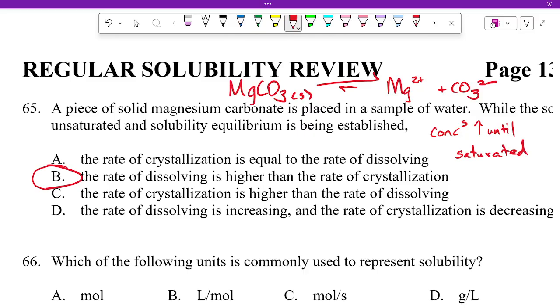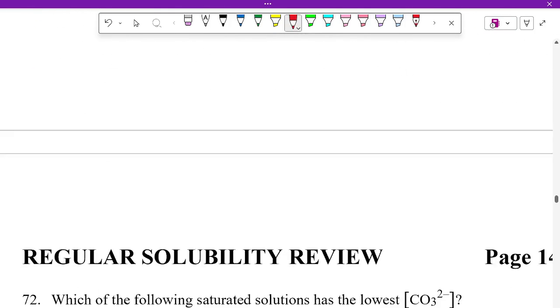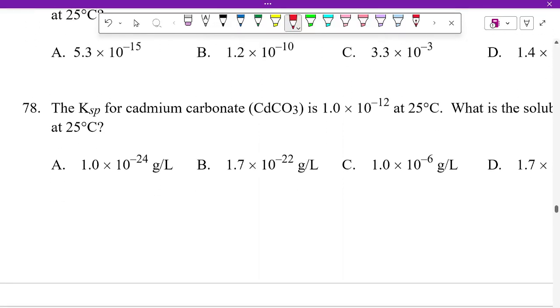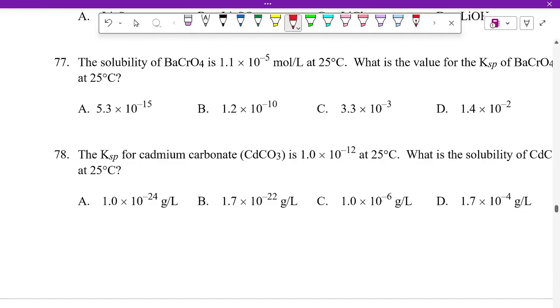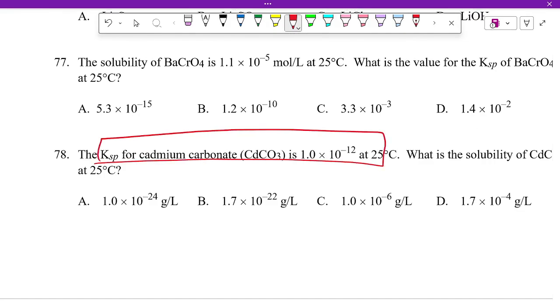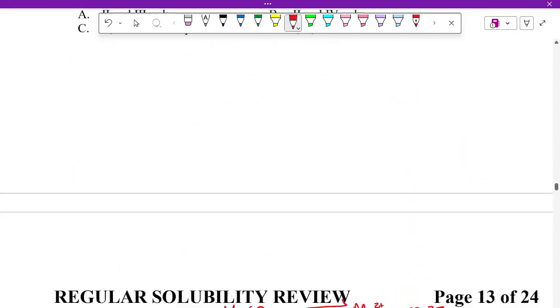Okay, number 78. We have the KSP. Yeah, sorry. Oh, gotta go back.